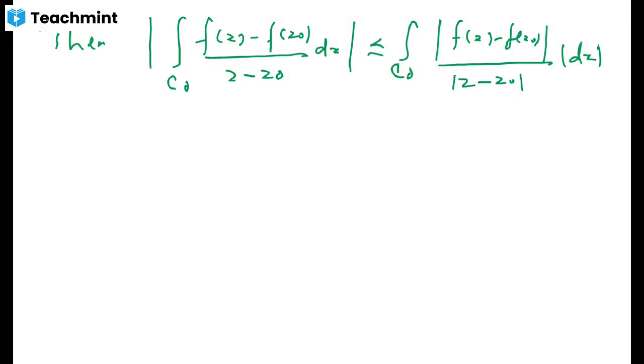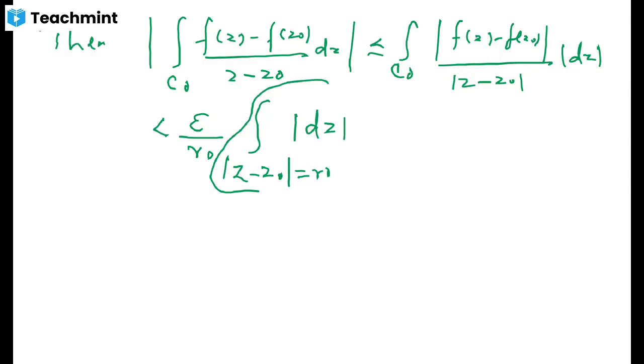And according to our computation in the previous slide, mod of f(z) minus f(z naught) has to be less than epsilon, and C naught is a circle, and on the circle mod of z minus z naught is equal to the radius r naught. So it has to be epsilon upon r naught times the integral, where instead of z I write mod of z minus z naught equals r naught, into mod of dz.